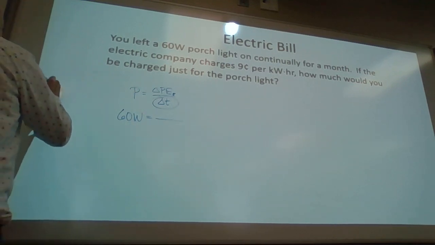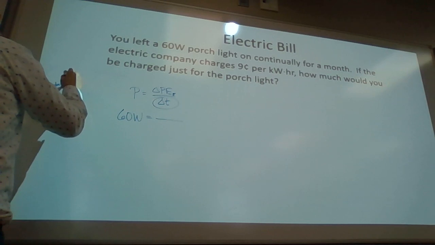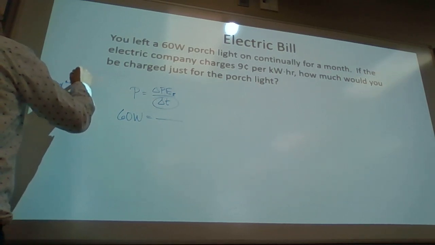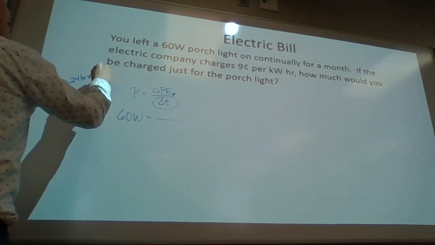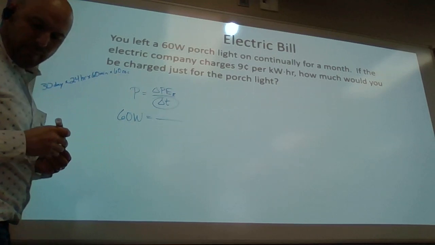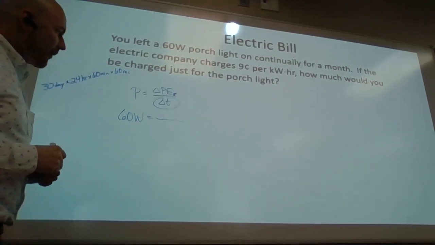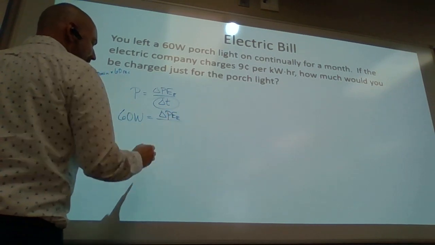So we assume 30 days in a month, that's a pretty good average. There are 24 hours in a day, and 60 minutes in an hour and 60 seconds in a minute. That's going to be a big number.